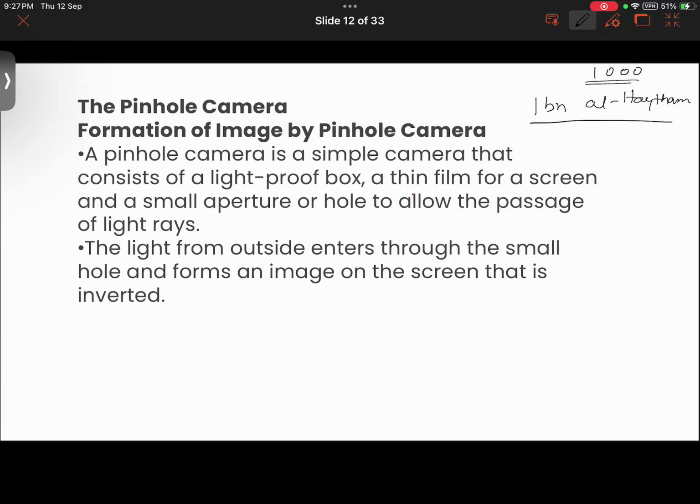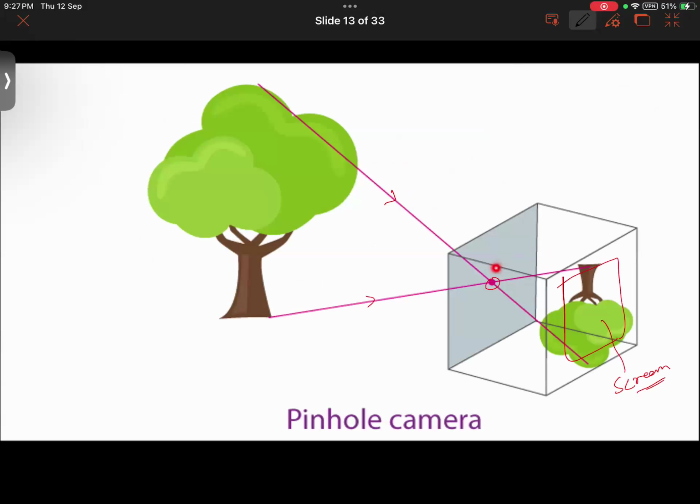All right. Now let us understand about the pinhole camera. First of all, the pinhole camera is a simple camera that consists of a light-proof box. This box is made in such a manner that the only place from where light can enter is this small hole. This is also called the aperture, and it's a very small aperture, not a big one.